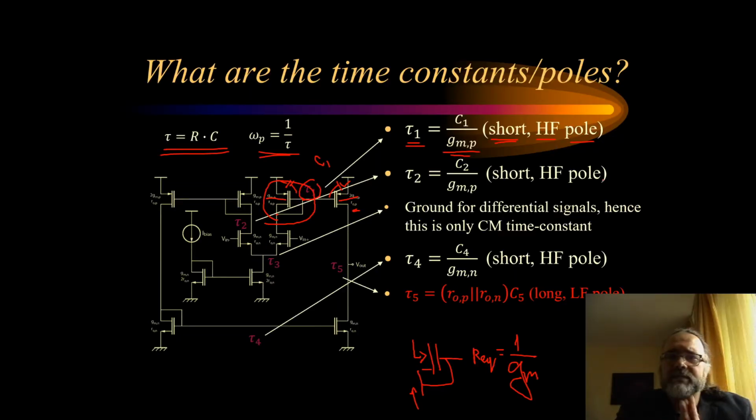Now, what does this mean? We have a time constant, and when we have a change in the voltage, a certain capacitance C1 will have to be charged through a certain resistance, so in this case 1 over GM. The product of these two defines the time constant. If the time constant is short, we can charge this capacitance faster.